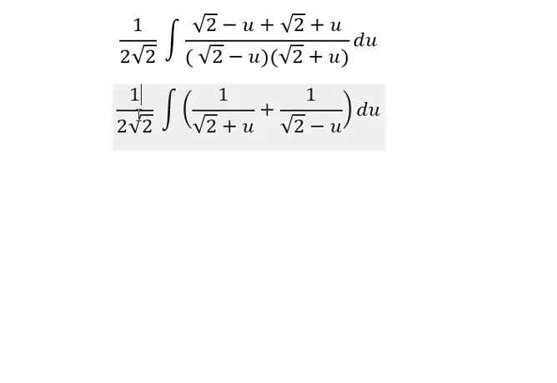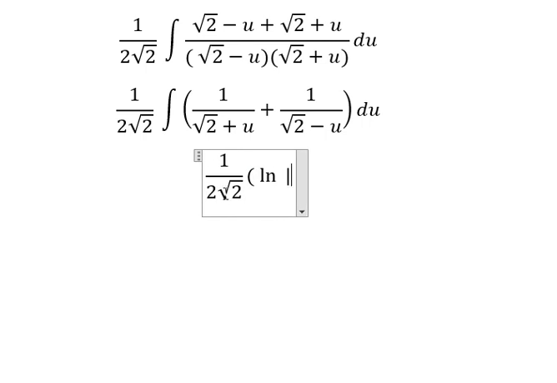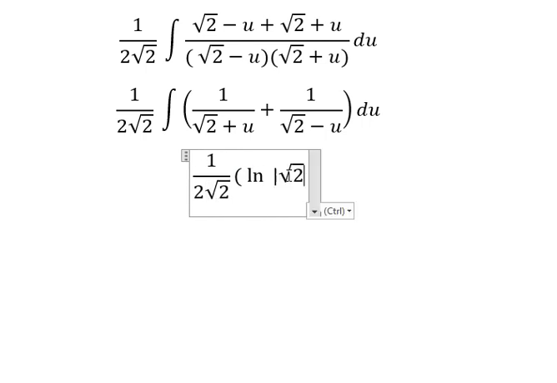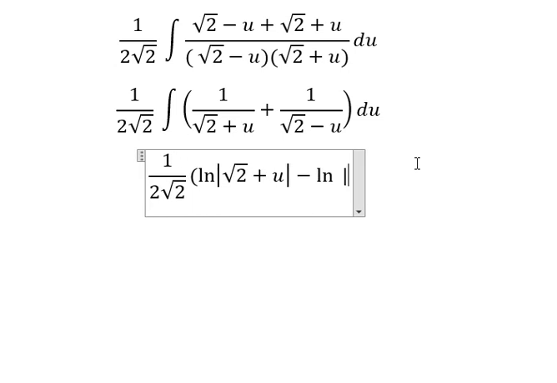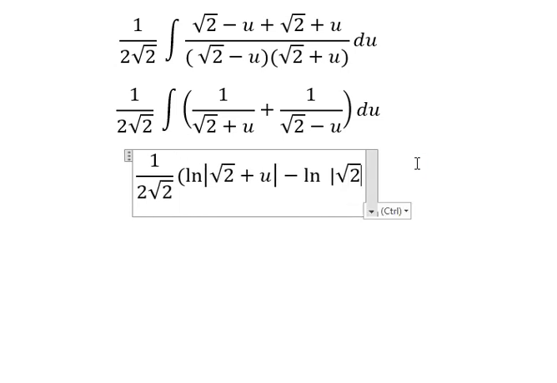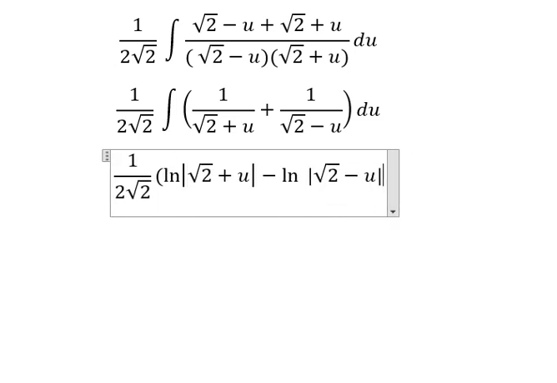And now the integration of this one, we will have ln of the absolute value of the square root of 2 plus u. The integration of this one here with the negative sign, we have negative ln of the absolute value of the square root of 2 minus u.